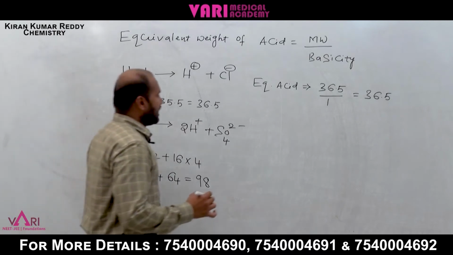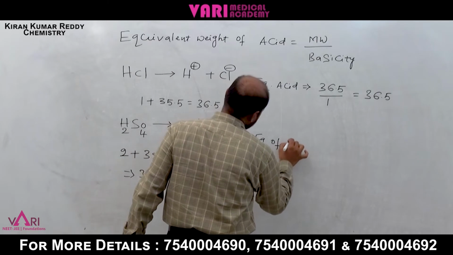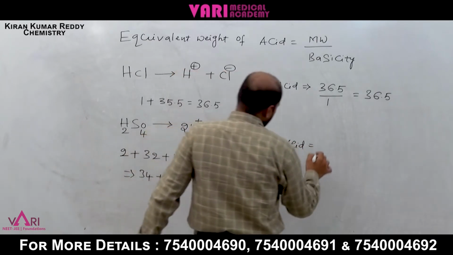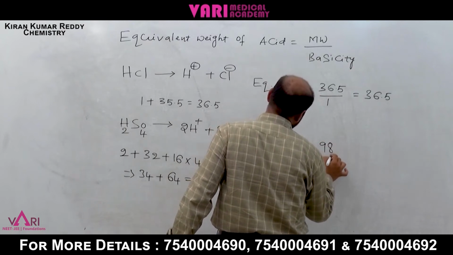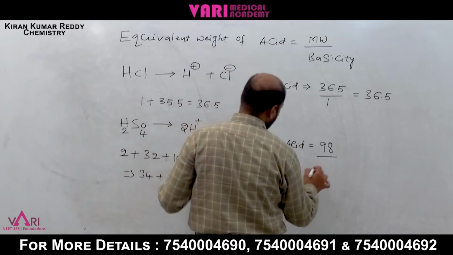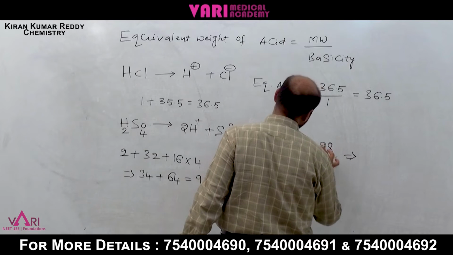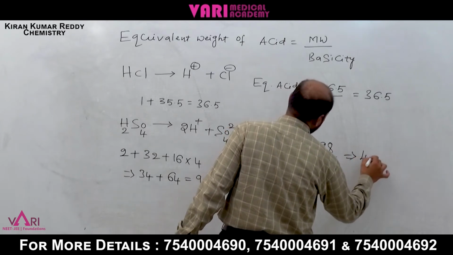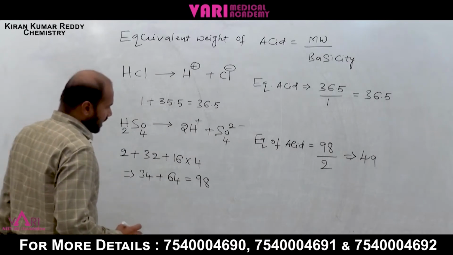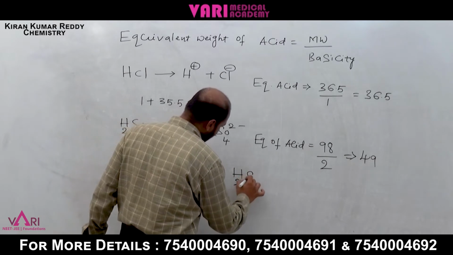Here 98 is the molecular mass, and equivalent weight of acid H2SO4 is 98 by, how many hydrogens replaceable? 2 hydrogens, so 98 by 2, that is 49.